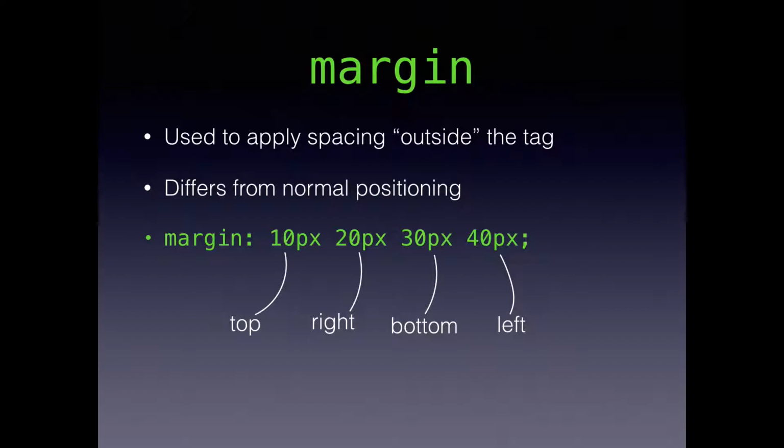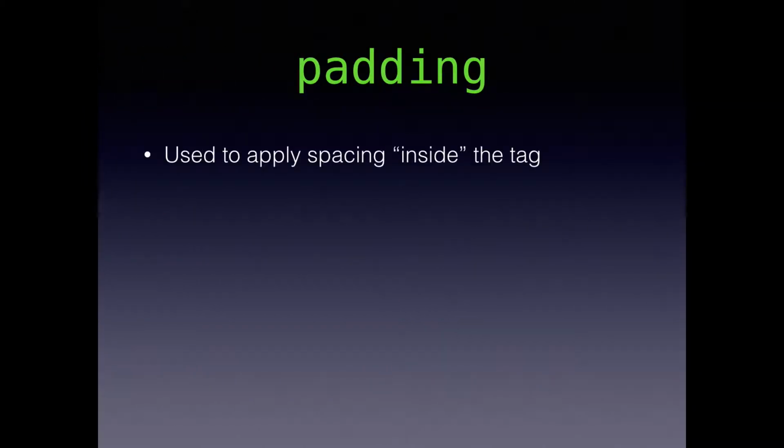Now let's take a quick look at padding. Now padding is used to apply spacing inside the tag in such a way that when another tag is put next to it, it will always be padded such that it's separated from that other tag. Now this may seem confusing at first, but we will take a look at the difference between padding and margin in the demo.